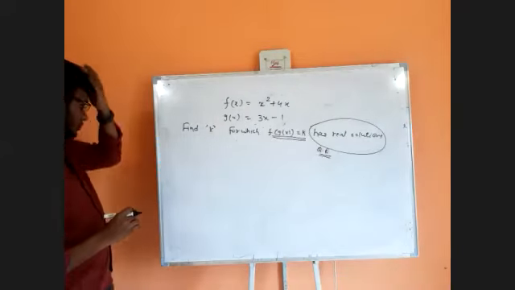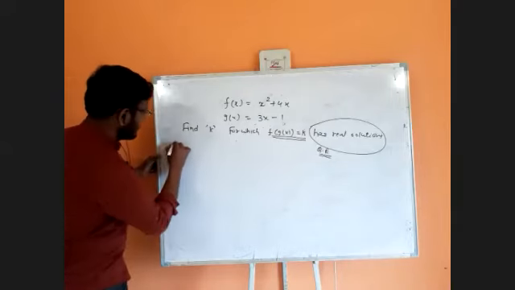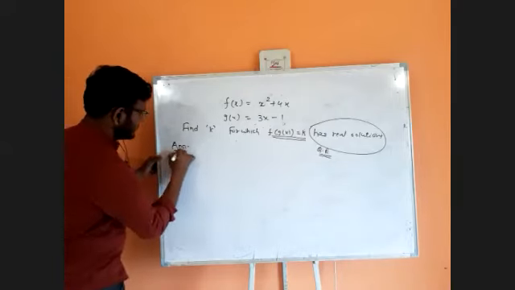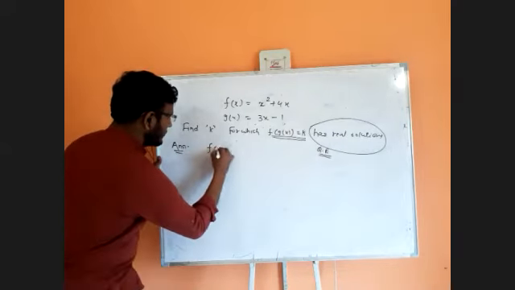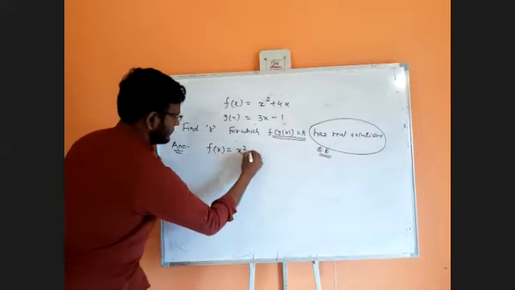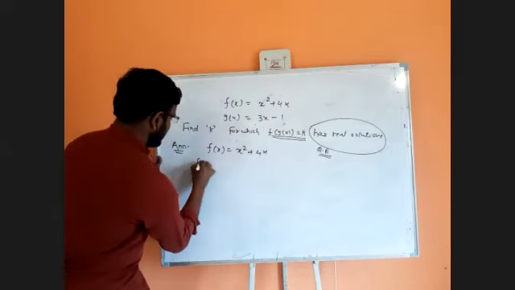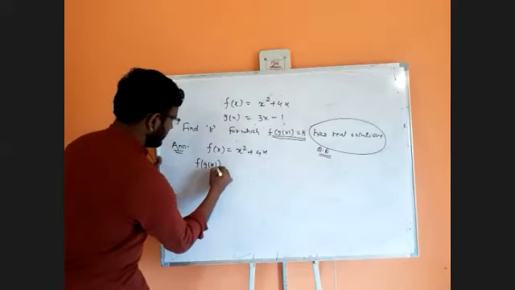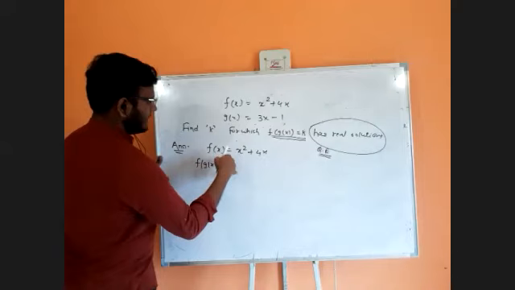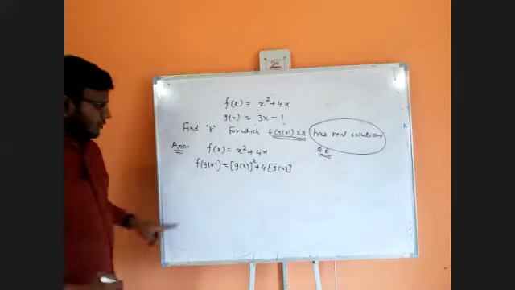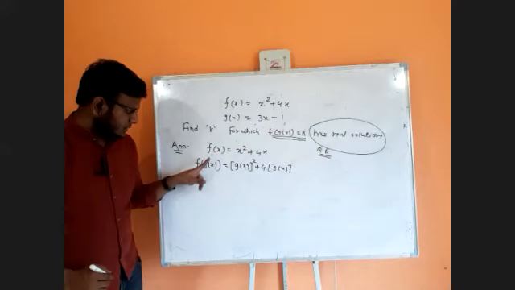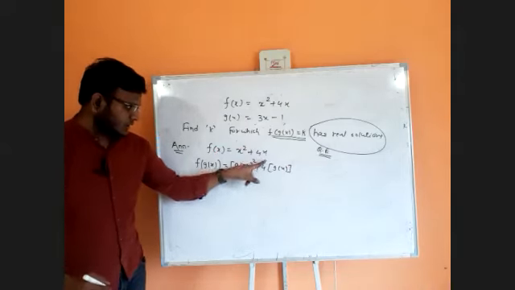I will explain how to do it. We don't have an option. We just have to calculate f of g of x anyways. So f of x is equal to x square plus 4x. If I have to find f of g of x, I have to replace x by g of x at all the occurrences.